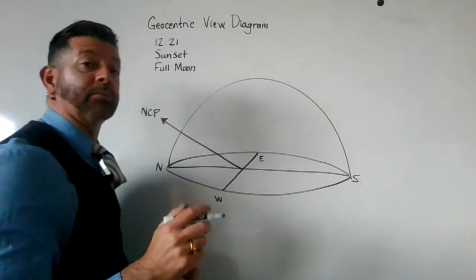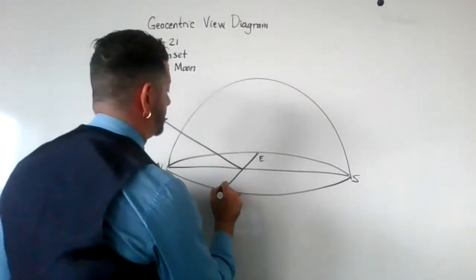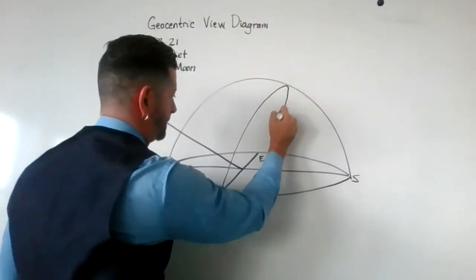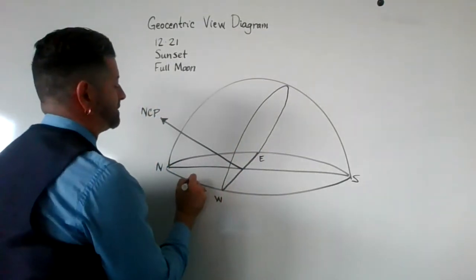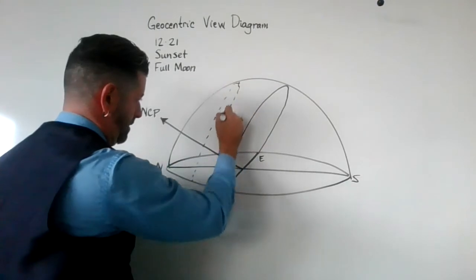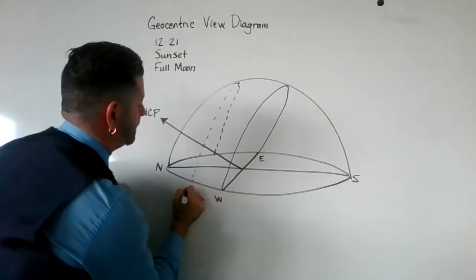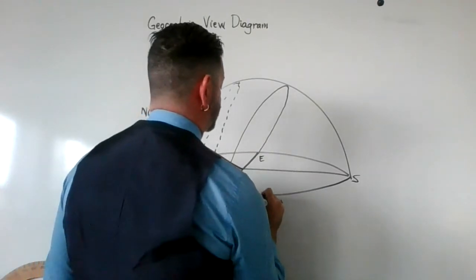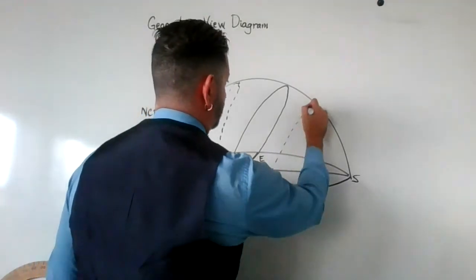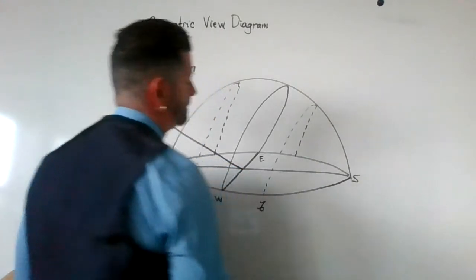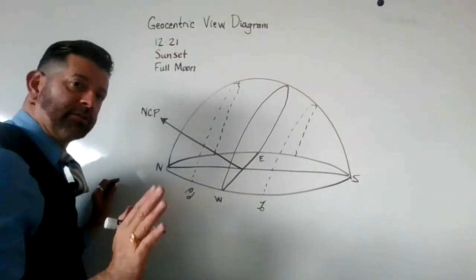Remember, in the northern hemisphere, it points to Polaris. And then 90 degrees from that, drop in the celestial equator. And then about 23.5 degrees from that, the Tropic of Cancer. And 23.5 degrees south of the celestial equator, Tropic of Capricorn. Very good, friends.